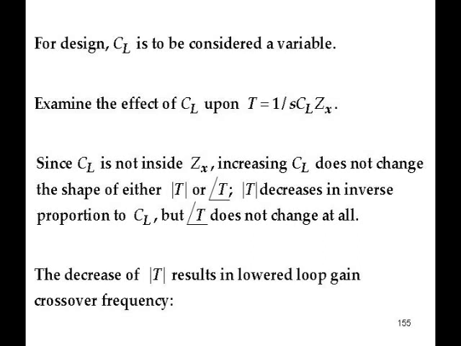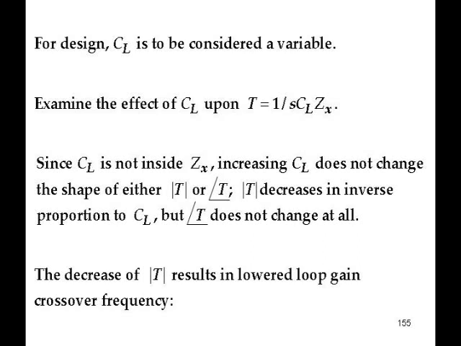Well, the value of CL shifts the magnitude of T up and down proportionately, because the ZY is just the capacitive reactance. ZX is independent of CL. ZX is looking back into the followers. So the effect of changing the CL is merely to lift the entire magnitude of T up and down. The phase doesn't change.